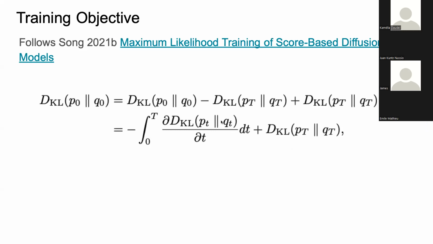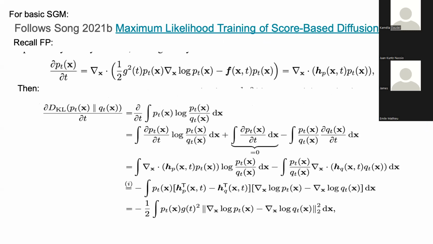Now, how do you attack this first term? How do you do this in a typical approach by Yang Song and people? They first note the Fokker-Planck equation here, rearranged slightly. Then follow through, apply the chain rule essentially.